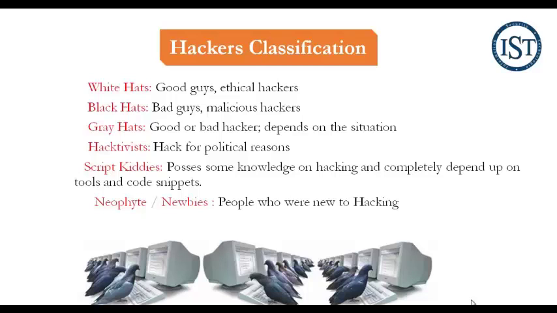And hacktivists are the hackers who hack for political reasons, and script kiddies are the hackers who depend completely upon tools. These kind of hackers are called script kiddies. And the last one is neophyte or newbies. People who are new to hacking can be called newbies.